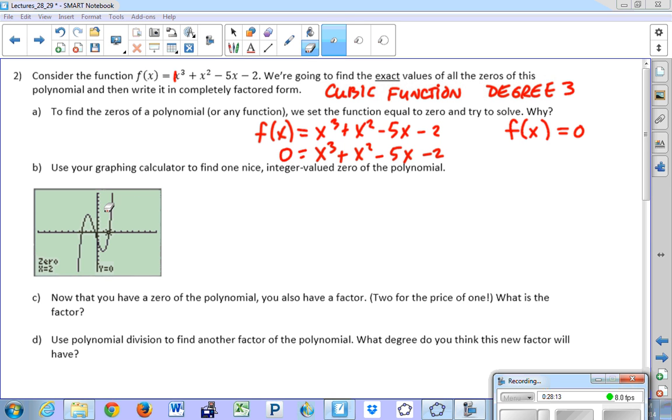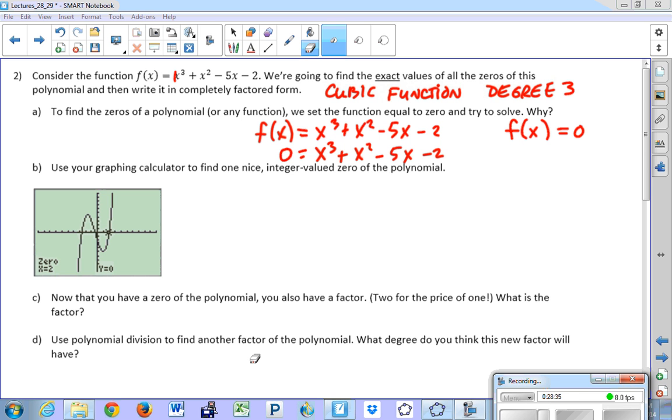Use your graphing calculator to find one nice integer value zero of this function. Well, I did it for you because we used to have graphing calculators be required for the course. So here's a picture, and I'll get some graphing calculators for later. It tells you right here that one of the zeros of this function is x equals 2, y equals 0.